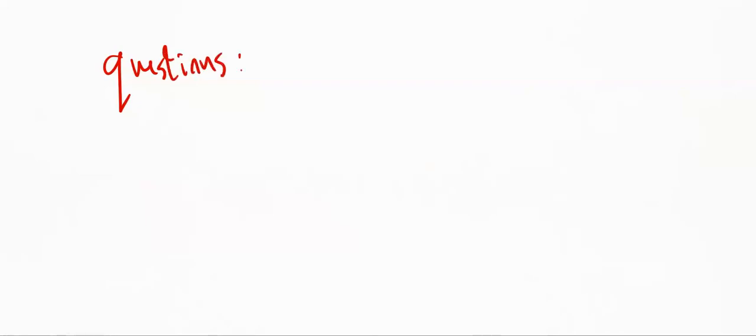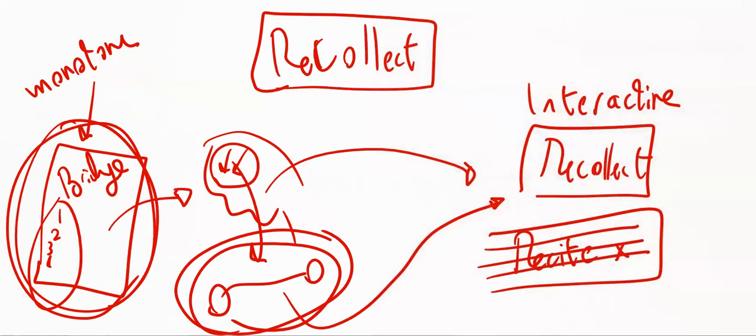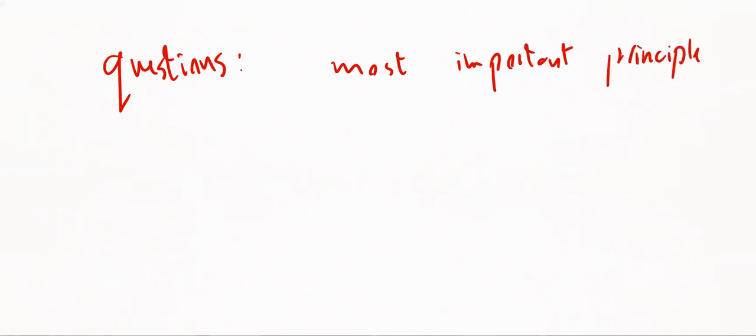So instead of trying to recite the chapter as is, you need to ask yourself questions. For example, one of the questions would be, what is the most important principle that needs to be taken into consideration when you build a bridge? From your understanding of that chapter, what is the most important principle?